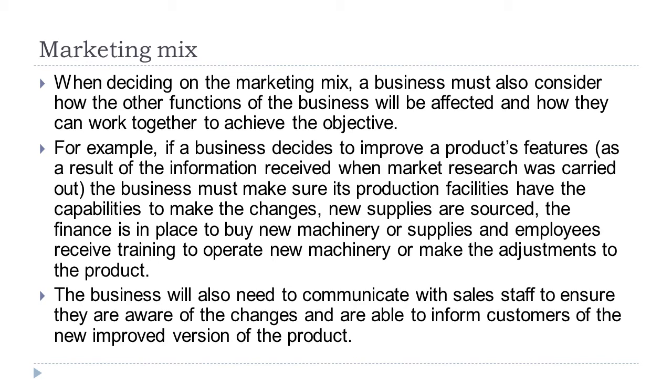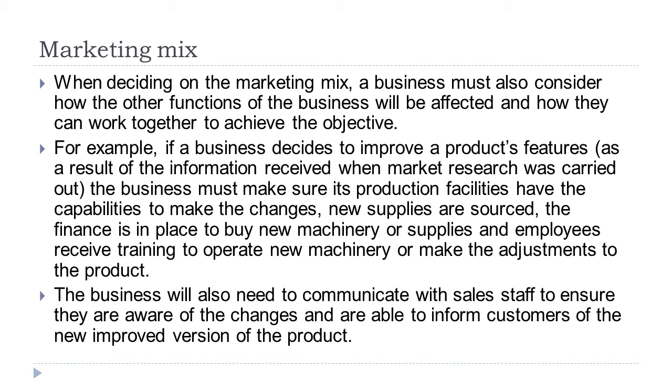What's really important when considering the marketing mix is you have to remember the interdependence of business. Now, we touched upon this way back in Unit 1, but basically it means that all the functions of a business, finance, human resources, marketing, production, are intertwined, and what happens in one is going to have an impact on the other.